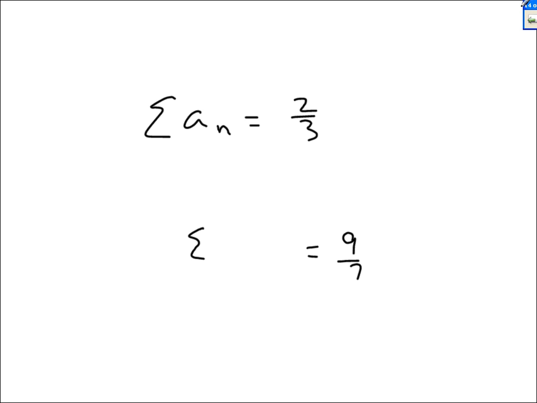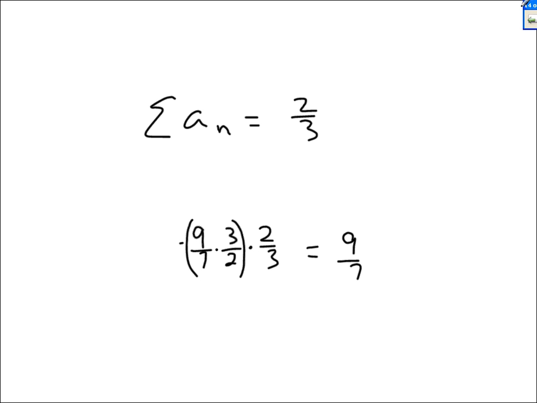What do you do to 2/3 to get 9/7? Well, here is 2/3. If you multiply it by 3 over 2, the product is 1. And now if you multiply that by 9 over 7, the product is 9 over 7.